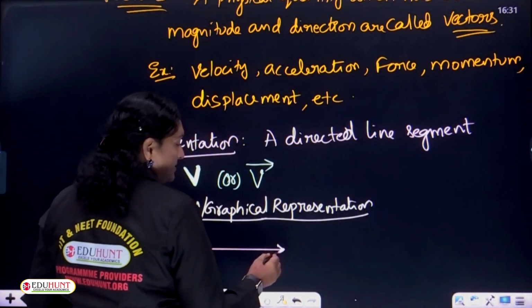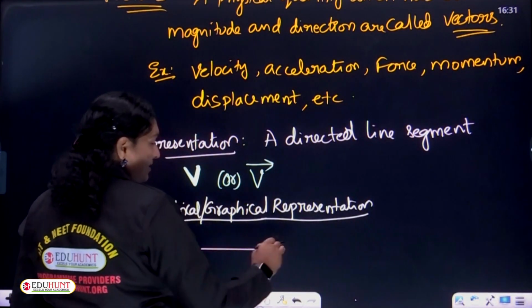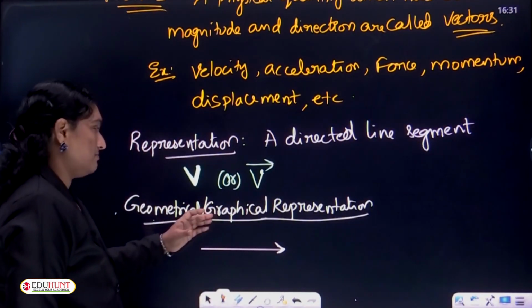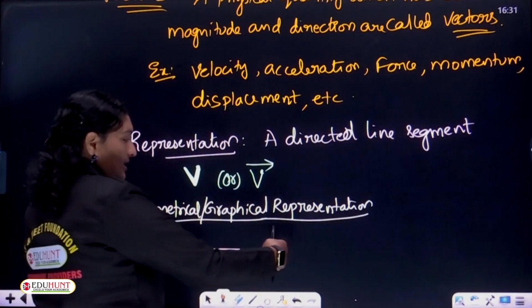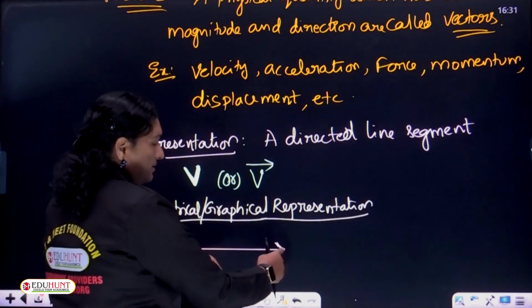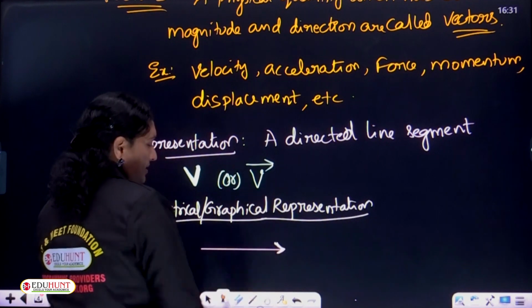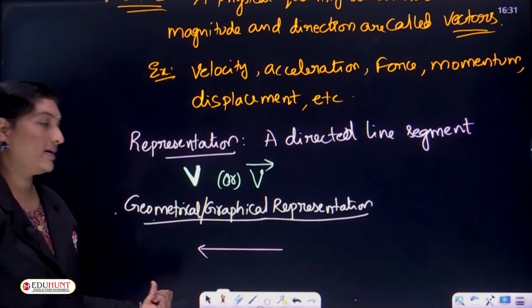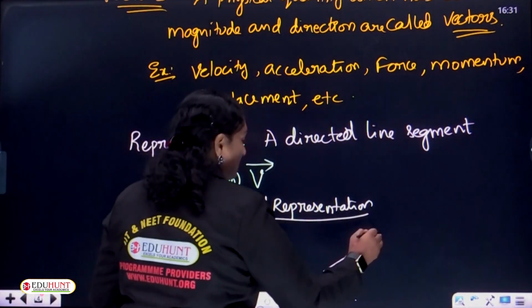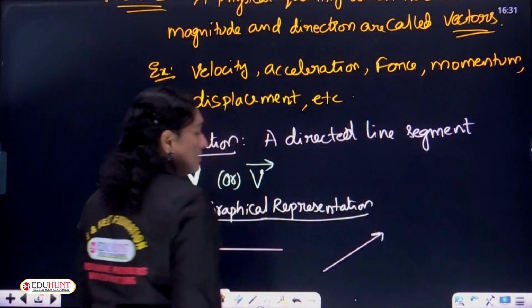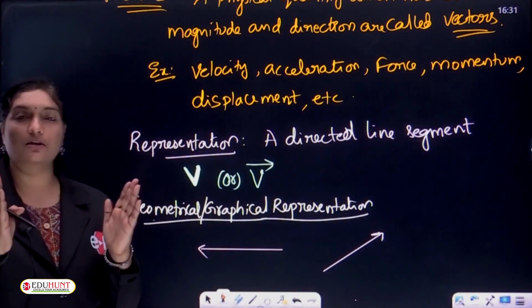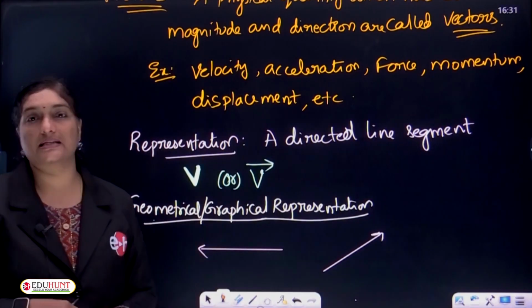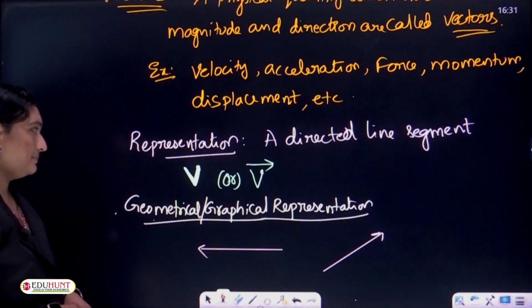In the graphical or geometrical representation, this indicates your magnitude and this indicates your direction. If you represent the same in the opposite way, the direction of the vector is different. So the length of the line segment indicates the magnitude and the arrowhead represents the direction of the vector.